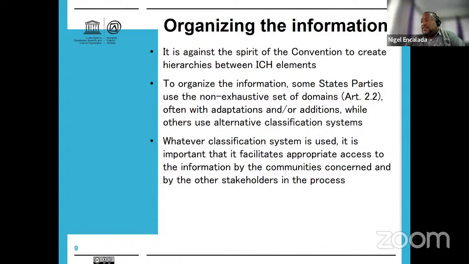Whatever classification system is used, it is important that it facilitates appropriate access to the information by the communities concerned and by other stakeholders in the process. So notice this, this came up yesterday. Whatever system you use, it should facilitate appropriate access by the communities concerned.